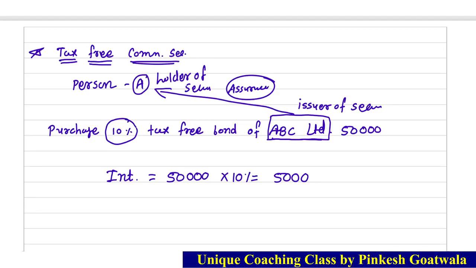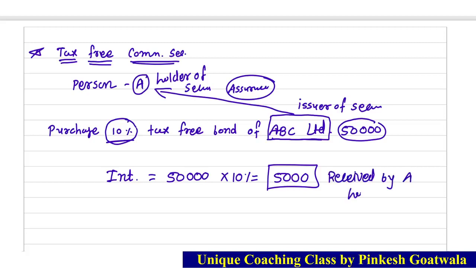So you will get the full amount, means if the debenture or bond is 50,000 at 10%, you will get 5,000, means it was received by A, the holder of security. Okay, he will get the full amount, whatever the rate of interest decided. Again, the issuer of security, the authority who issues the security, gives assurance to the holder of security, here A, that he will be given the full interest at the rate of interest which has been decided.